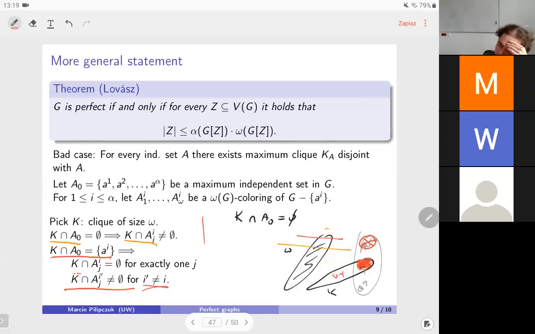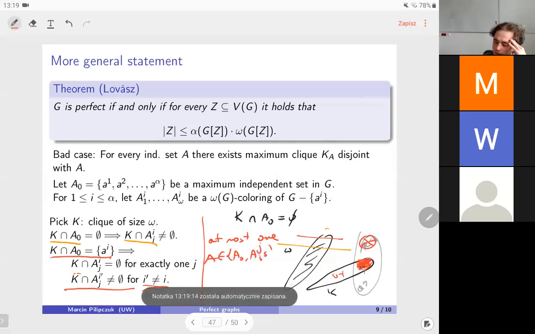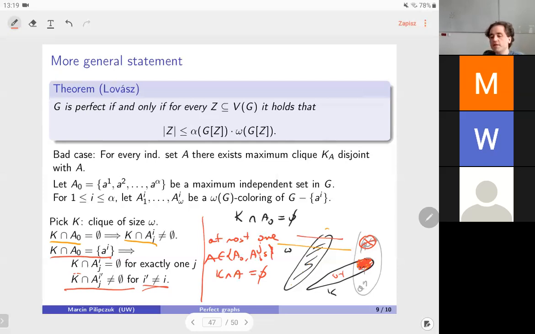So what we have proven here is that there exists at most one A in the set A0 or A_{ij} such that K intersection A is empty. If K doesn't intersect A0, it intersects everybody else, for colorings with different deletions, and misses one for the coloring where you delete the intersection.